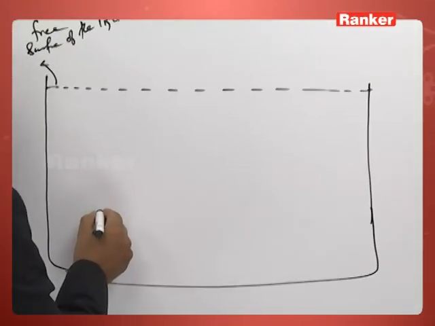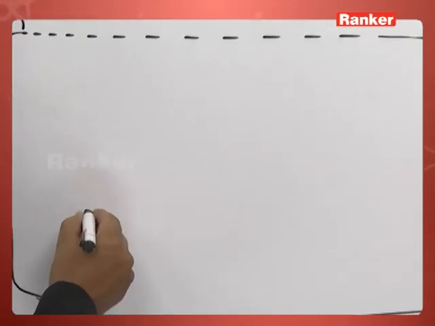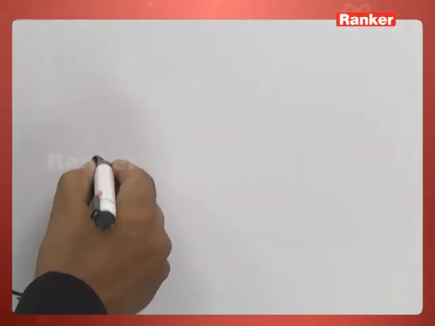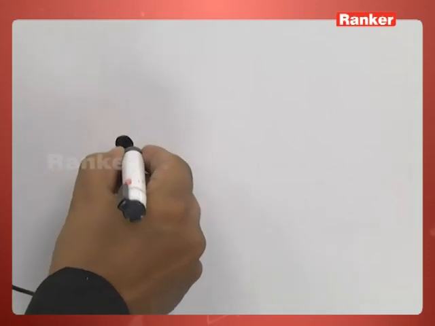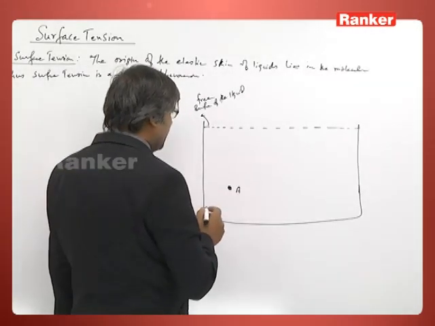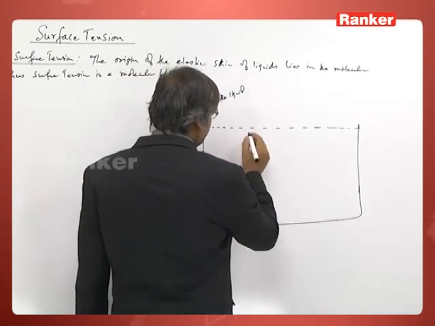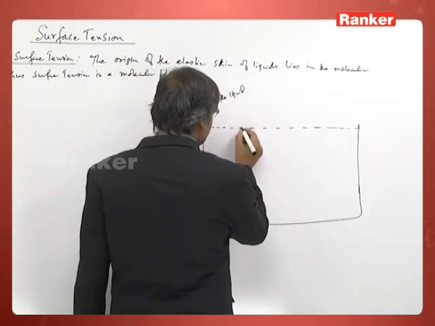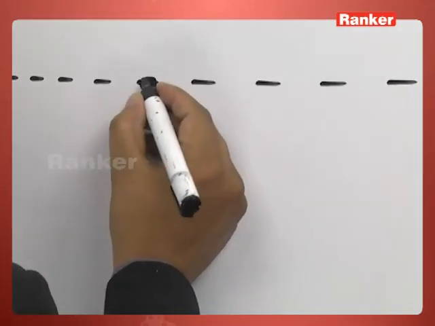Suppose I have taken a molecule at this position. This is the position of the molecule. This is A. Now, another molecule I have taken is here, that is B.